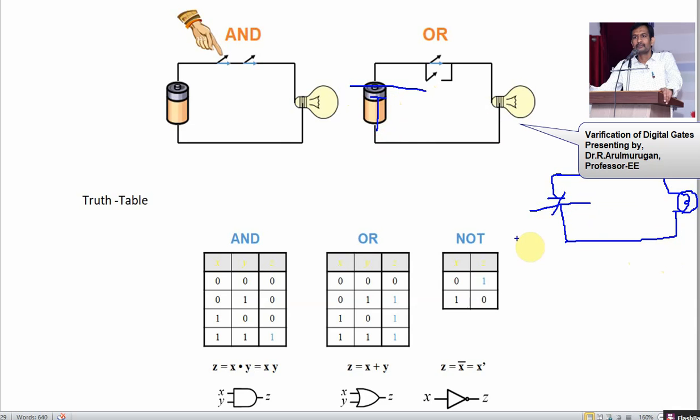That's why I give the reverse direction representation. When the input is 0, the output is on. When the input is 1, the output is 0. Practically it is just the opposite.